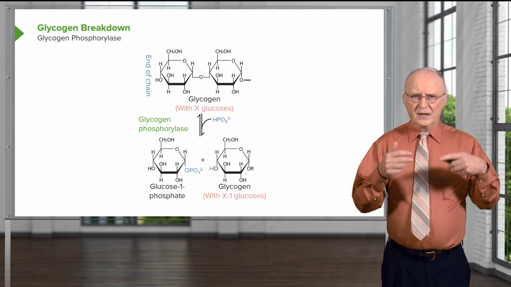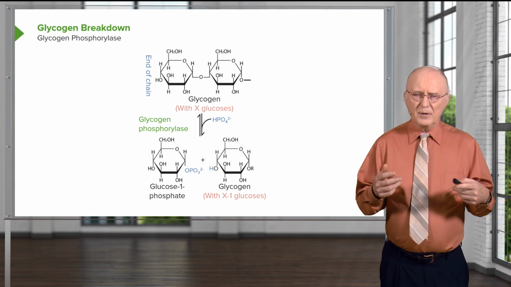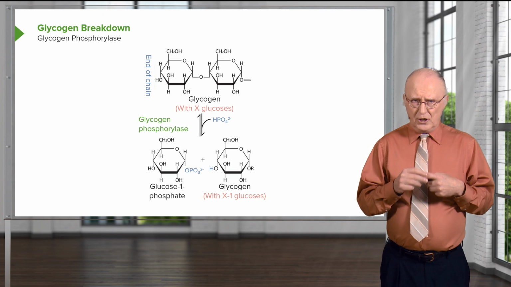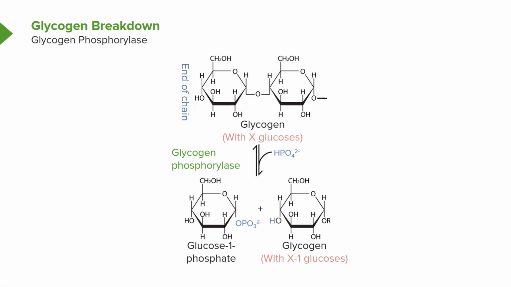So what has happened in this catalytic action is that the enzyme has broken the 1,4 bond at the end of a glycogen chain. Now, it's important to recognize that glycogen phosphorylase works only on ends. It doesn't cut in the middle, it works on ends, and it sequentially chews its way into a glycogen. So one of the reasons that the branchedness of glycogen is important is that the more ends there are, the more glycogen phosphorylases can start on ends and sequentially release a tremendous amount of glucose very quickly.